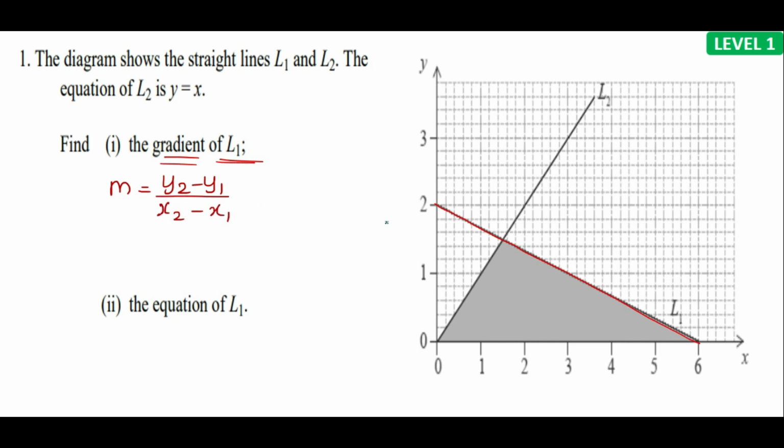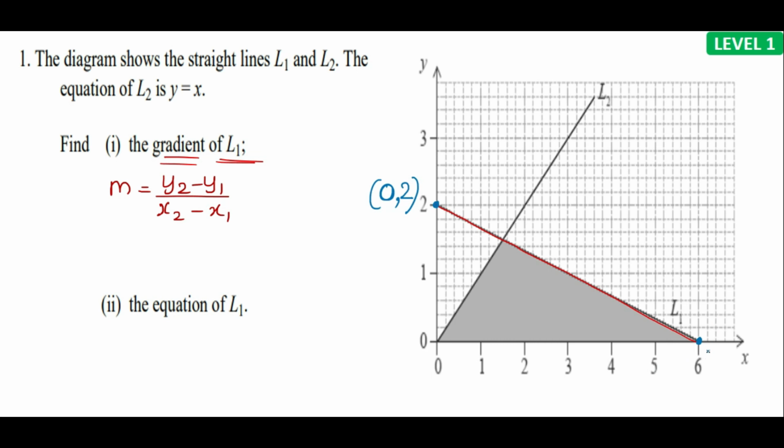To find this, looking for two coordinates on the line L1, I would prefer to take these points because it makes the calculation easier and it is quick to identify a point on the y-axis. So your x coordinate is going to be 0 and my y here is 2.